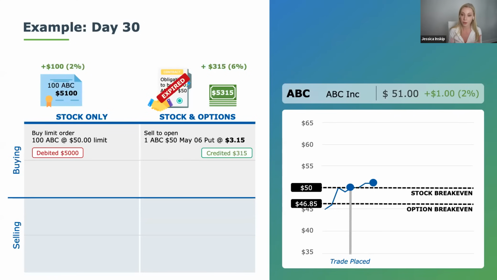And the reason that put's not worth anything is because it contains the right to sell, and selling at $51 is more favorable than 50. Therefore, they are not obligated to purchase. The long holder has the right to sell, and the short holder is obligated to buy from the seller. That's where that's coming from.